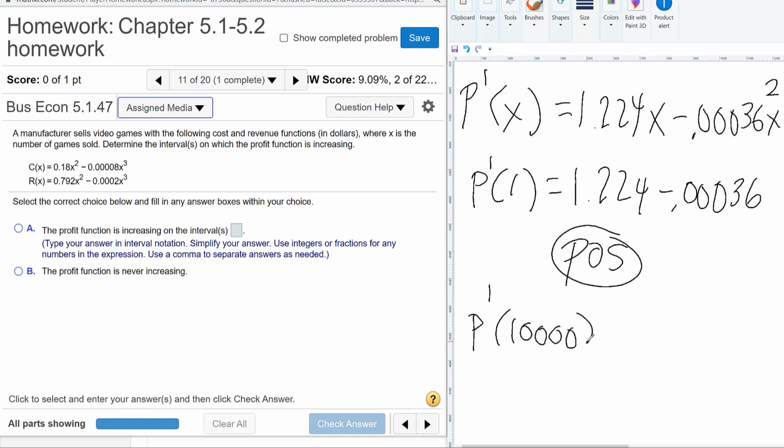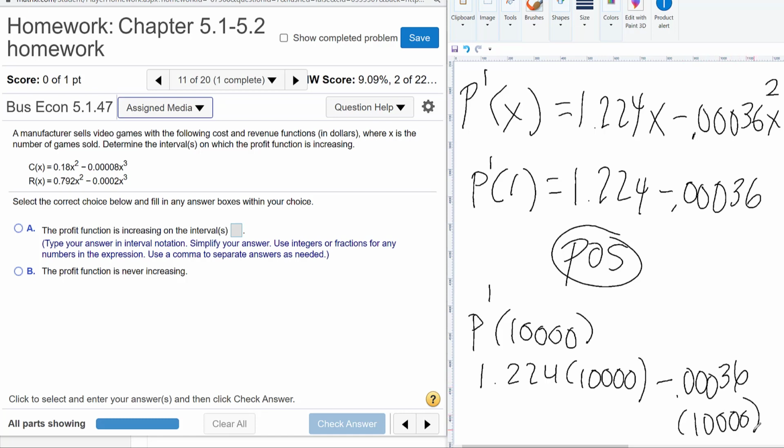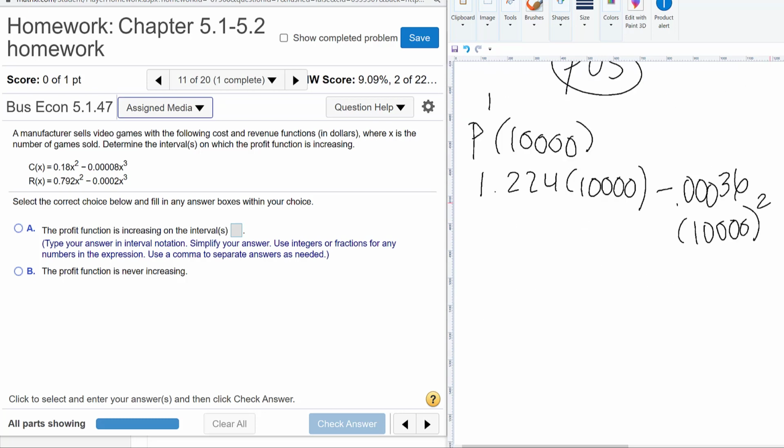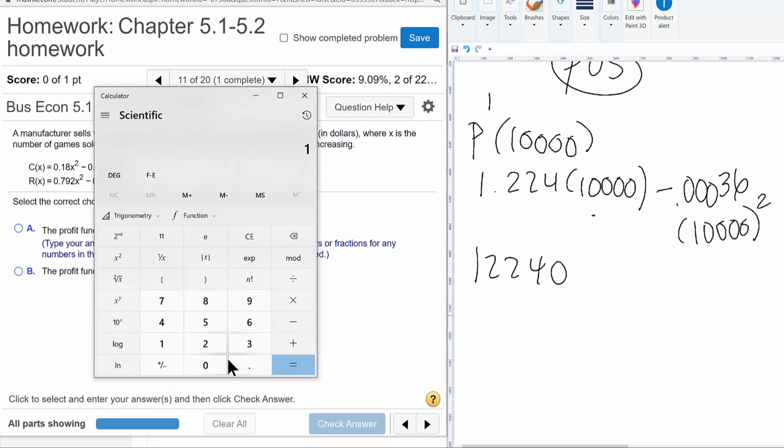That's going to give me 1.224 times 10,000 minus 0.00036 times 10,000 squared. So this one is going to give me 12,240, because when I multiply that by 10,000, it's just going to move my decimal point.